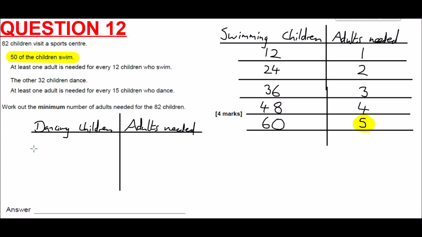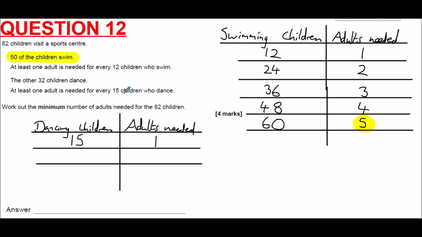And so 1 adult could look after up to 15 dancing children, and just build it up in the same way as for the swimming children. 2 adults could look after 30 dancing children. So we're nearly there, but still not quite enough adults, because between them, 2 adults, 32 children, that'd be 16 children per adult. But 1 adult can only look after 15 children. So you actually need a 3rd adult in there.